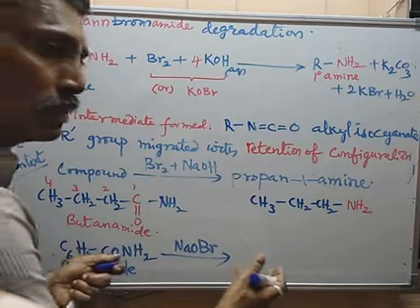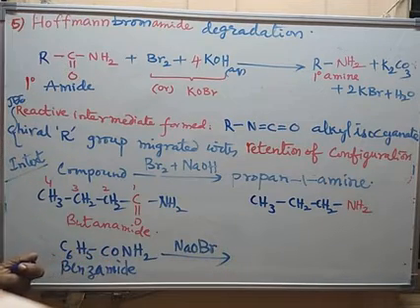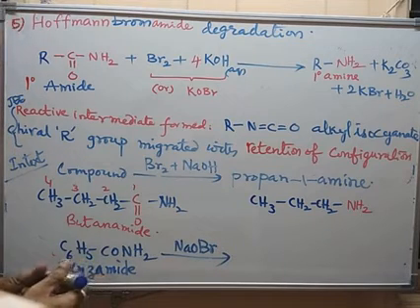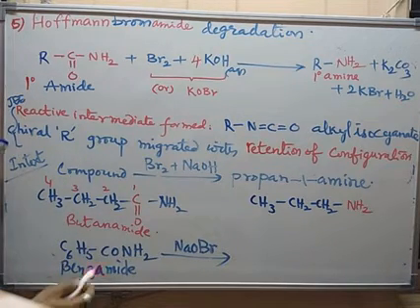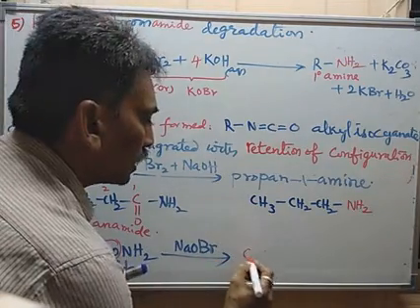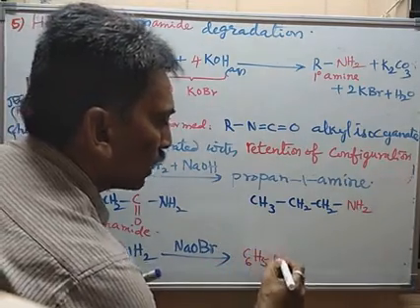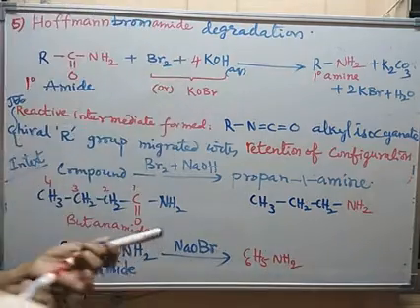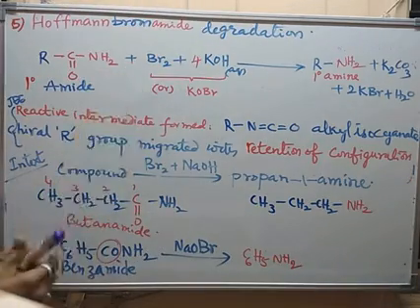Then what do you have to write? Very simple answer. This CO is removed and you write C6H5NH2.